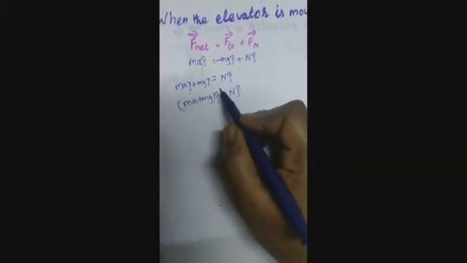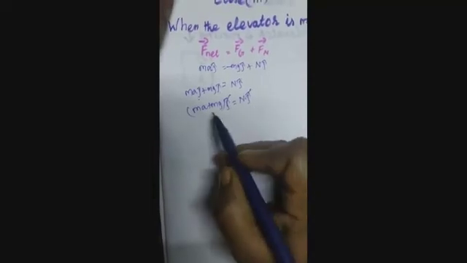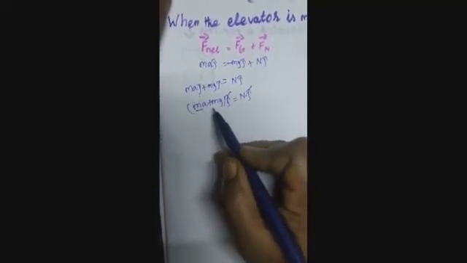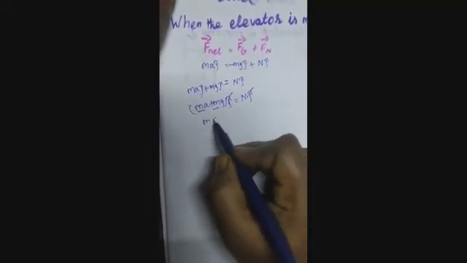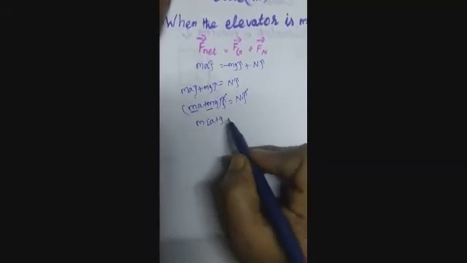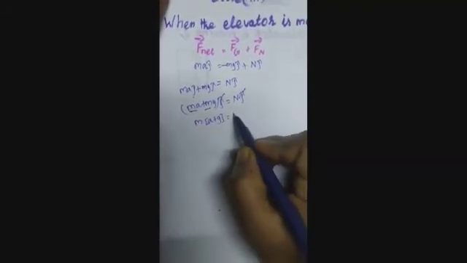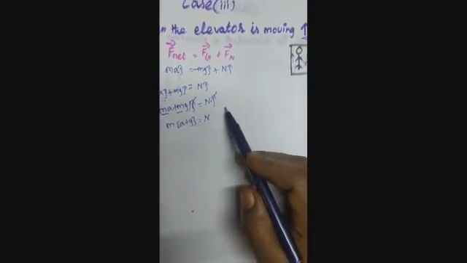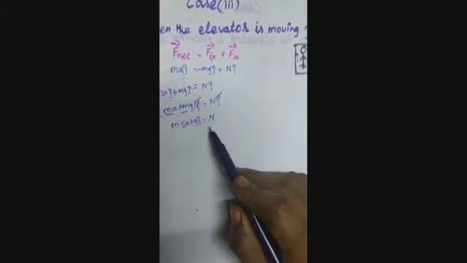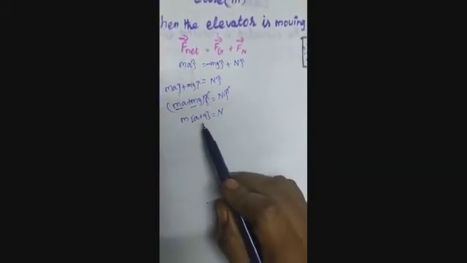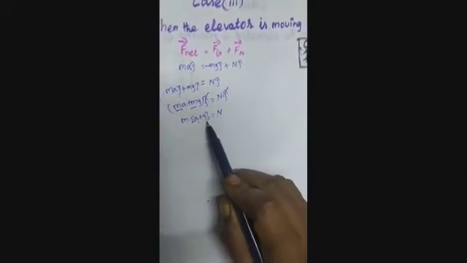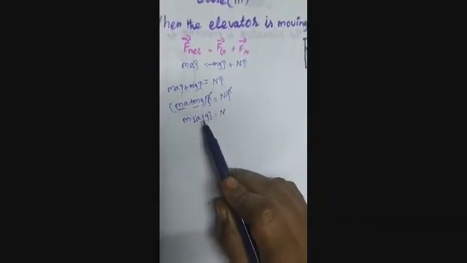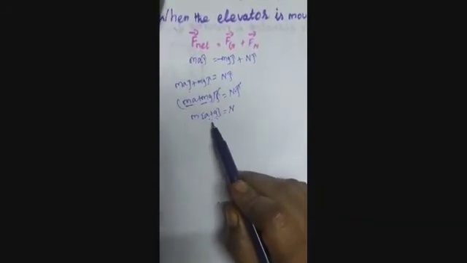Cancelling the j cap, and taking m common, m into a plus g equals N. So when the elevator moves upward with acceleration, the apparent weight of the man is greater than the normal weight, because of the acceleration, a plus g.